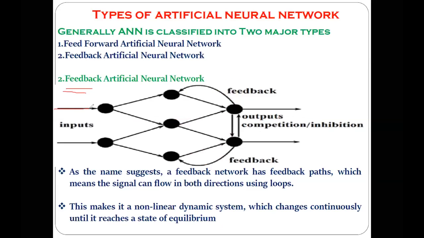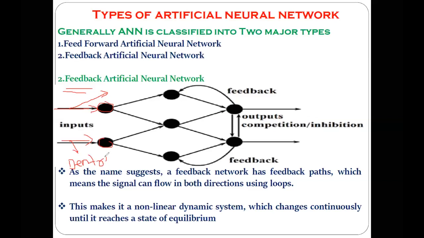Now you can see here the input is given to the input layer. Same kind of scenario we have also observed in the feed forward ANN. Now if you compare these inputs with the biological neuron architecture, can we call this input dendrites?